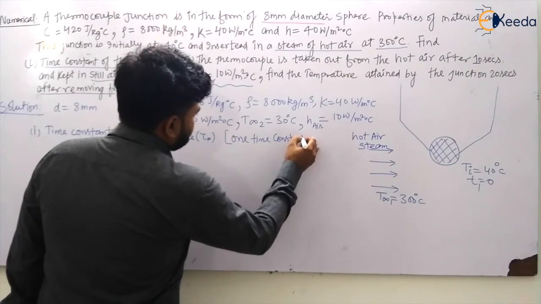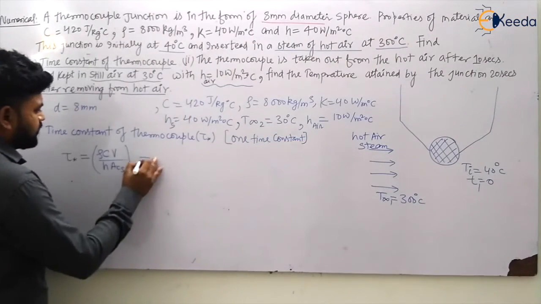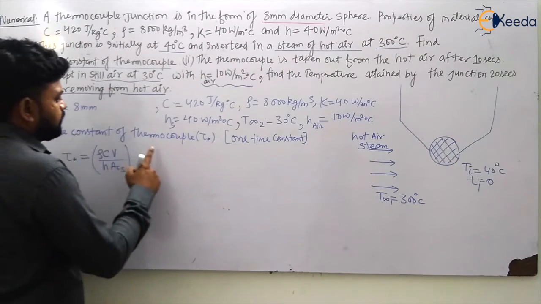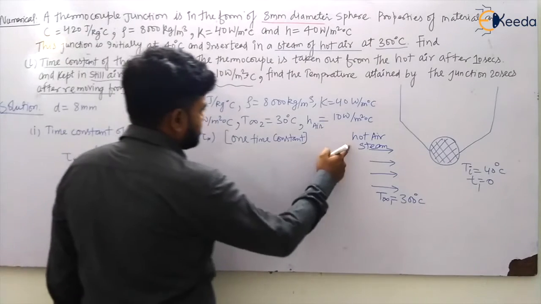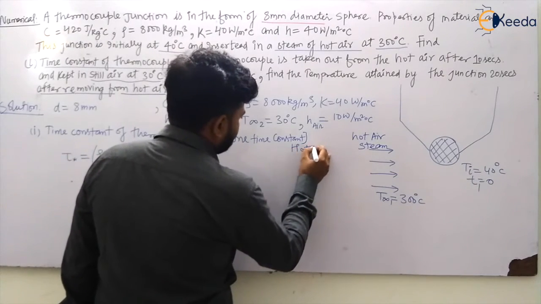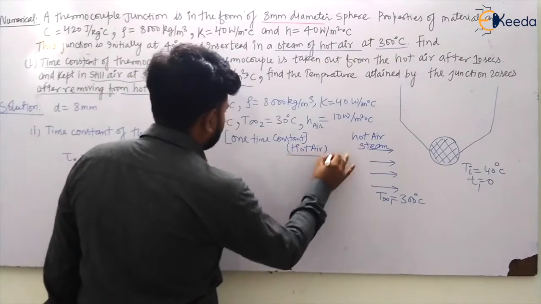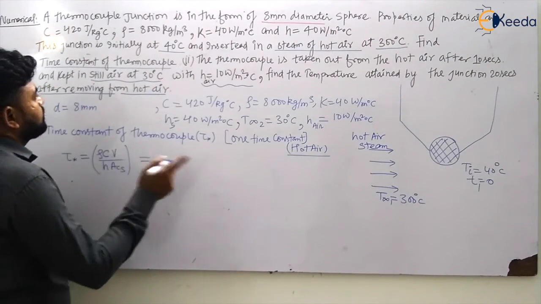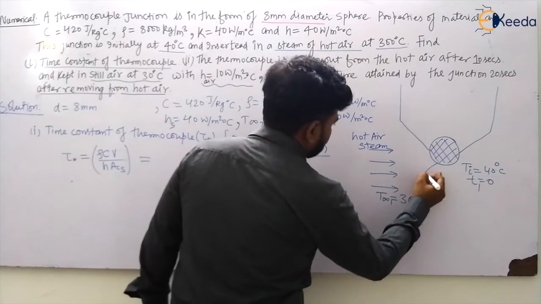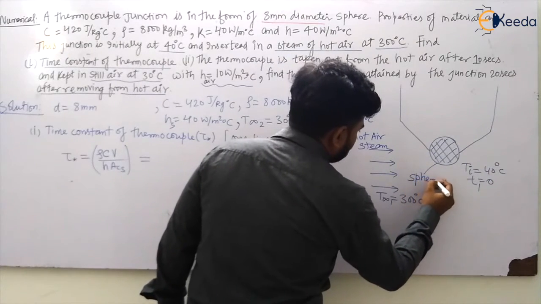So let us see. That is called your time constant. What is the value of rho, my dear students? I am considering this time constant for the hot steam, that is, for hot air stream. Now, what is the rho of that particular spherical thermocouple?